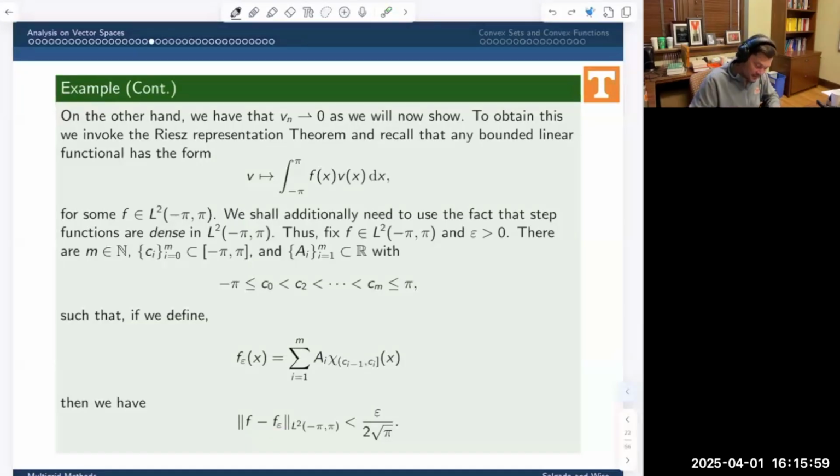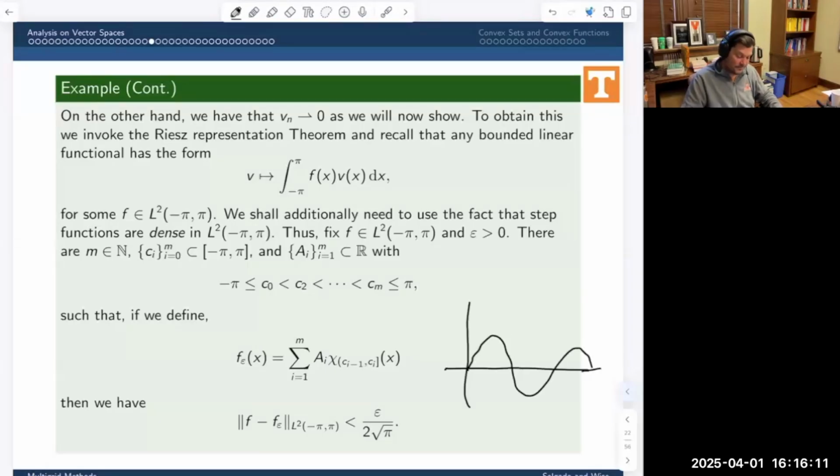What does this look like? Remember, L2 functions can be pretty scary. So I'm not going to look at a general L2 function, but let's look at something which is at least continuous. I can approximate that by a step function, and step functions look like this. This is not quite as basic as what's called a simple function that you may be familiar with from measure theory.